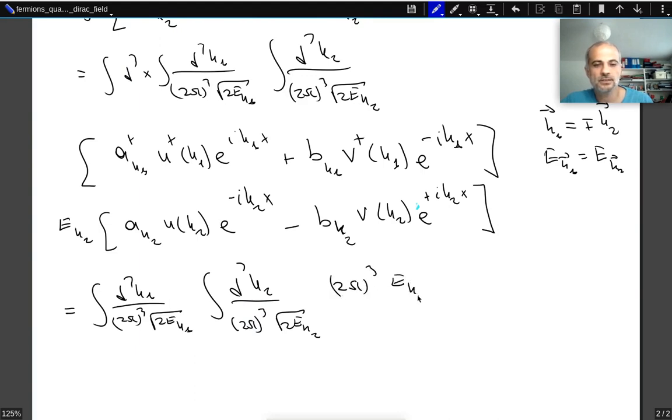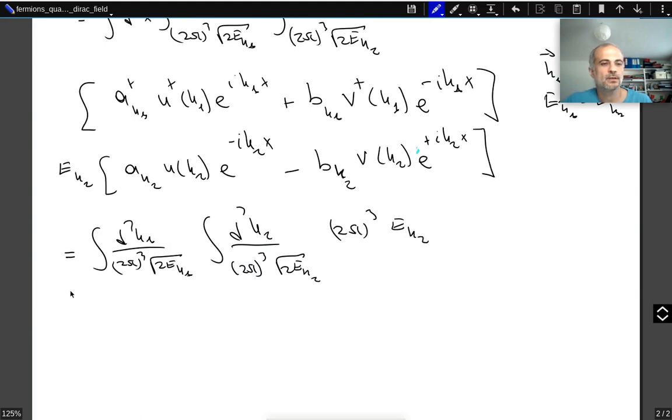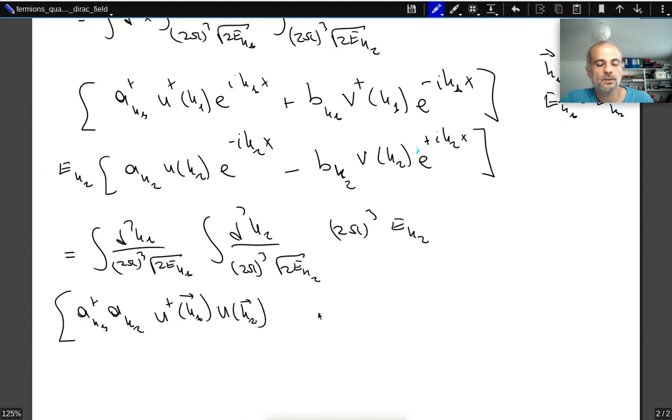Let me write e k2 over here. Now I have the products. a of k1 dagger, a of k2, u dagger k1, u of k2, three-dimensional Dirac delta k1 minus k2.